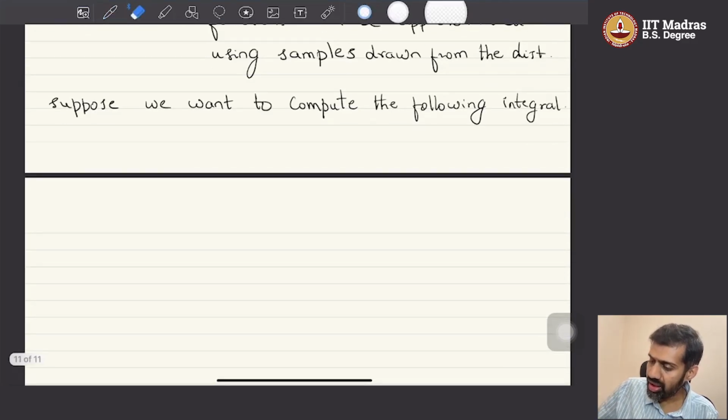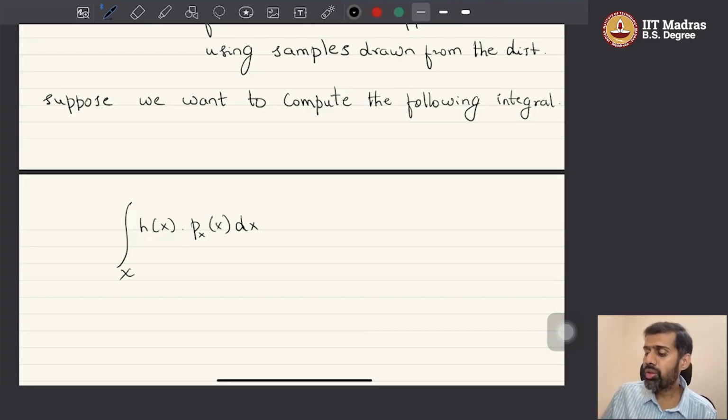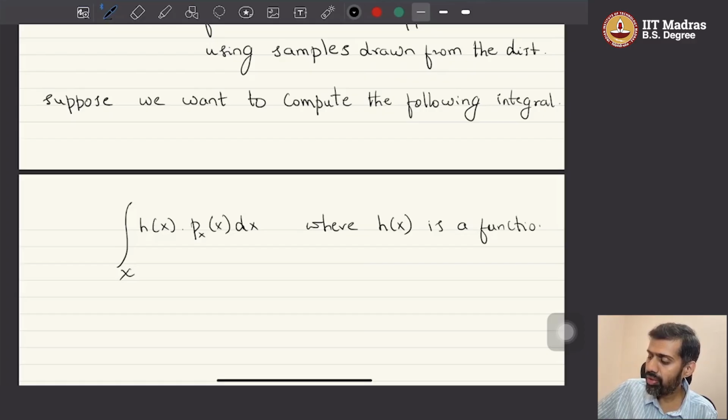Let's say that we are interested in computing the integral of h(x) p(x) dx over x, where h is any arbitrary function. H is a function on the random variable, and p(x) is as usual the density function.